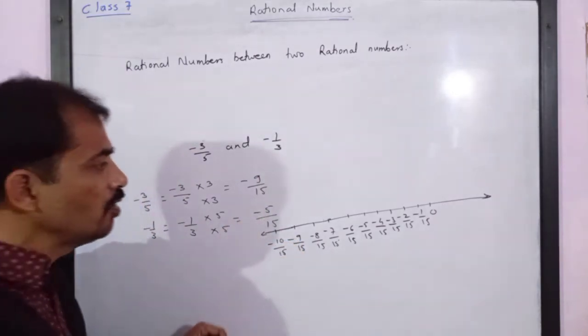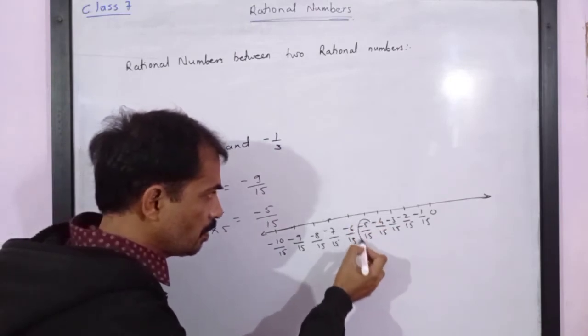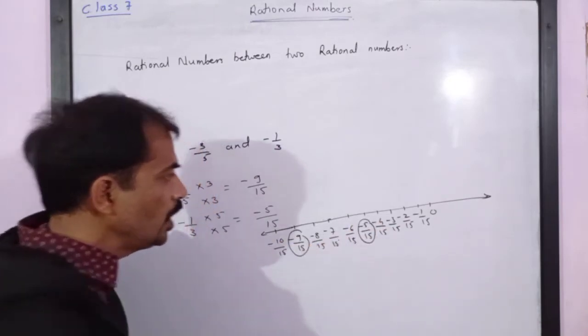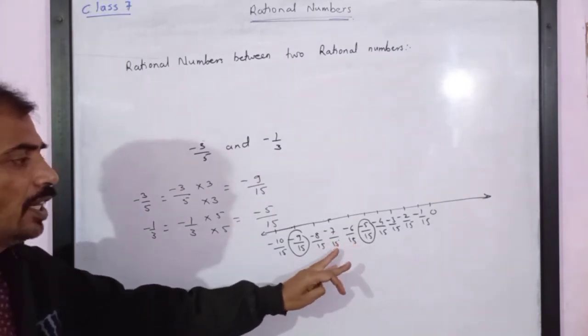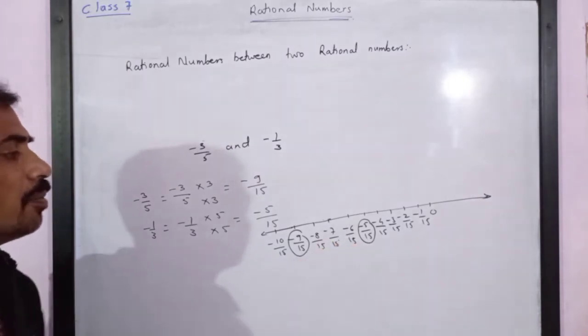So between negative 5 upon 15 and negative 9 upon 15, we have negative 6 upon 15, negative 7 upon 15 and negative 8 upon 15.